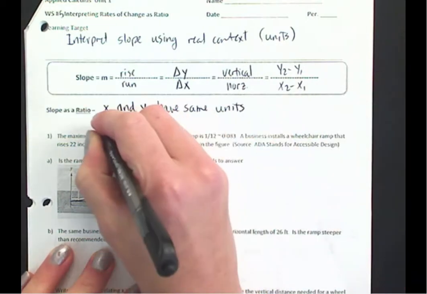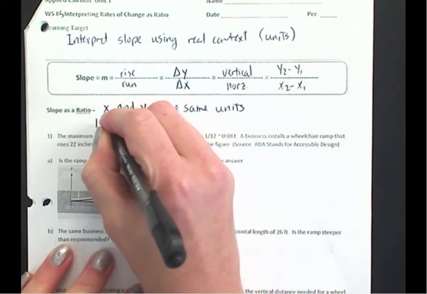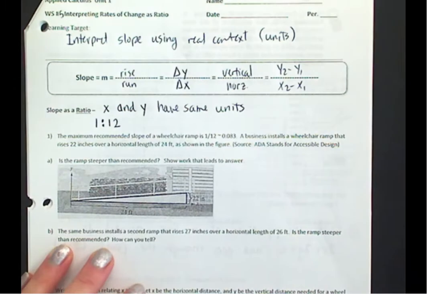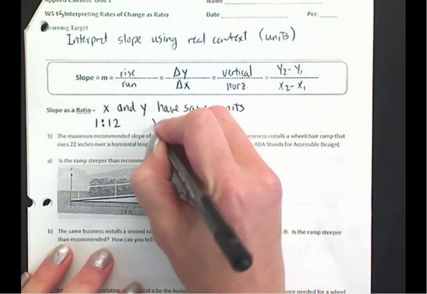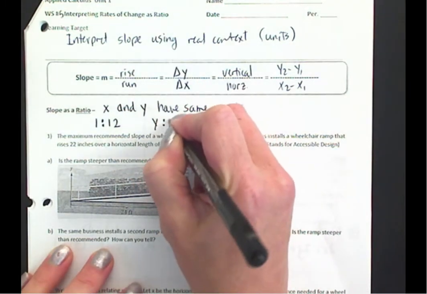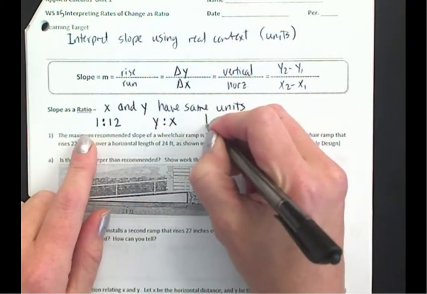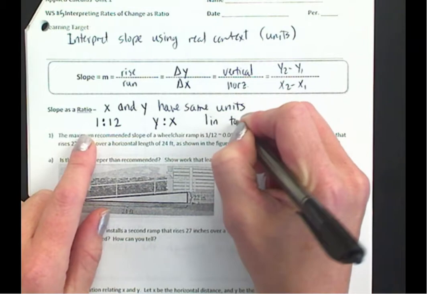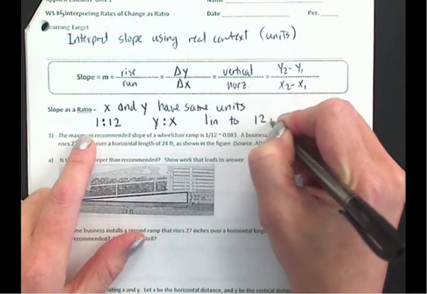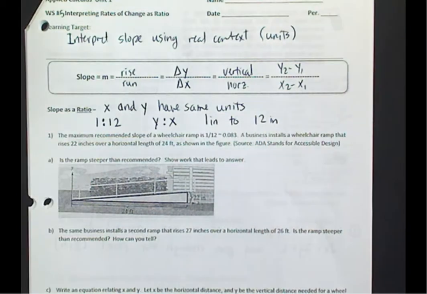So if I say 1 to 12, y to x, and I'll give it units, 1 inch to 12 inches, all right? It's a ratio, so the y goes first here.